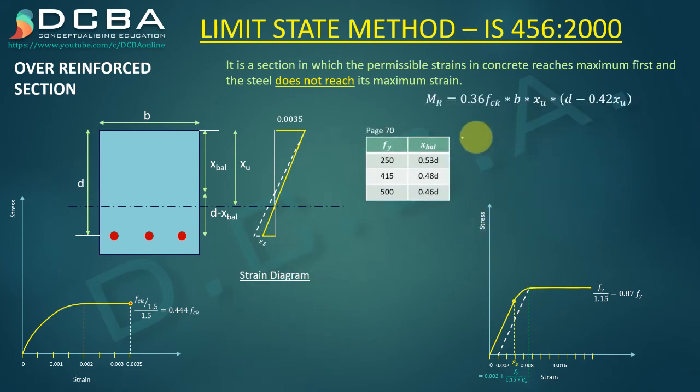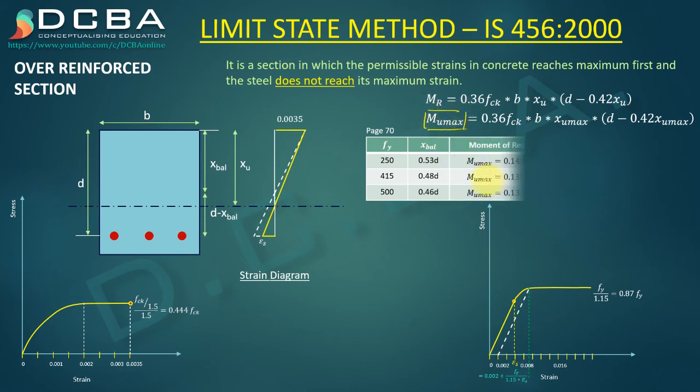And again, since we are not allowing XU to be greater than XU max, for an over reinforced section we will have to substitute XU as XU max here. When I put these values here, I can say that my moment of resistance can be called MU max.